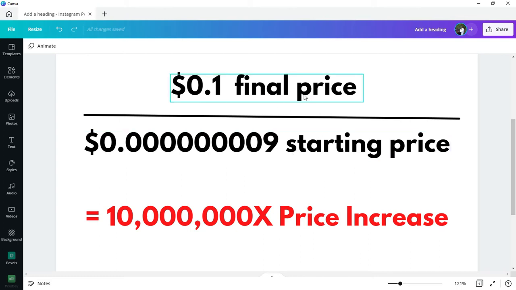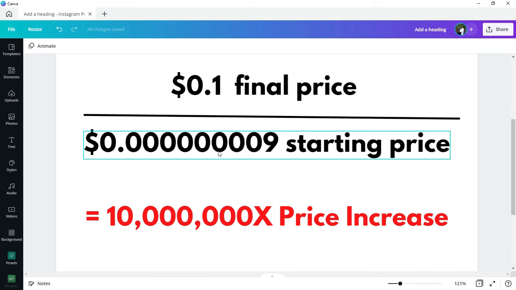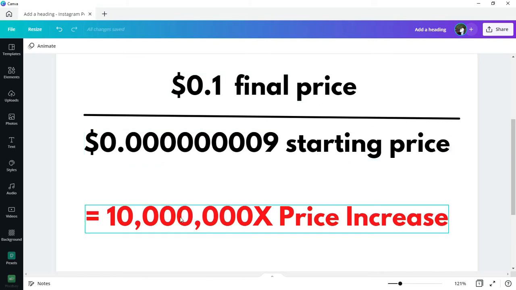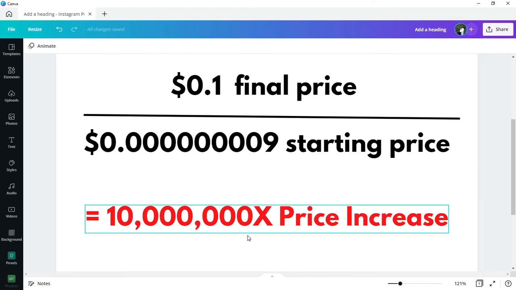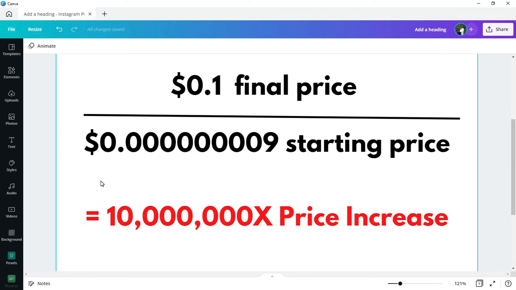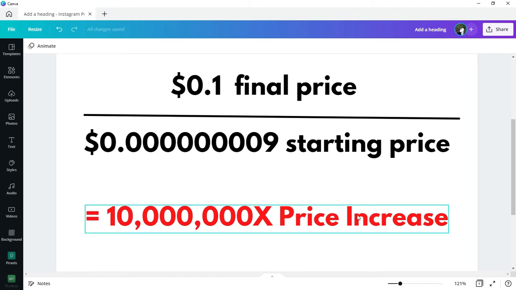Now, if you divide the final price by the starting price, which is the ICO price, you are going to get the 10 million X price increase. So this is how our 10 million X price increase comes from, and you as our investor are able to calculate your increased profit at the end of our project.